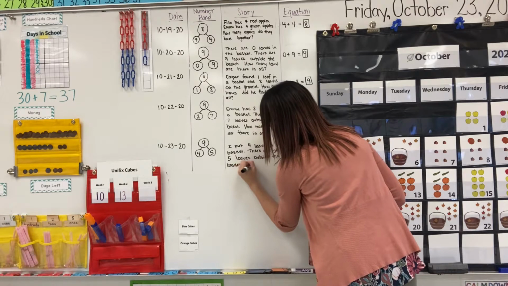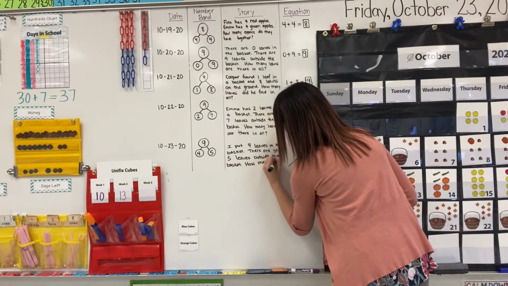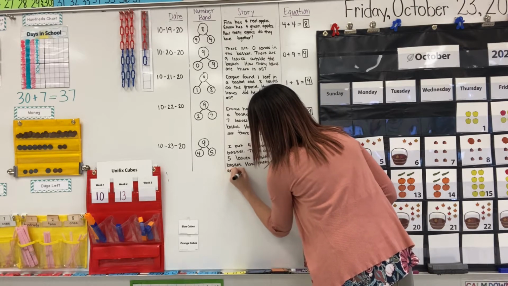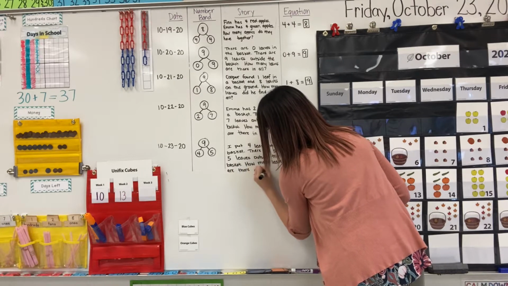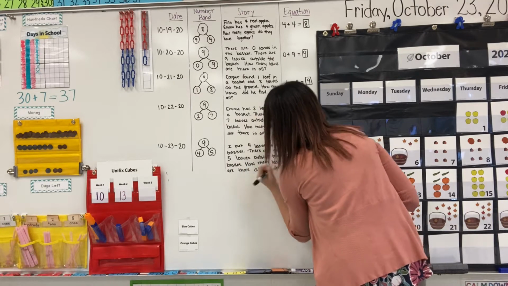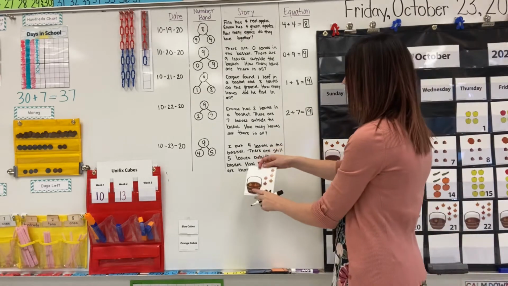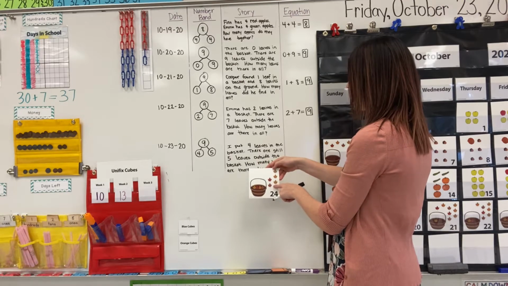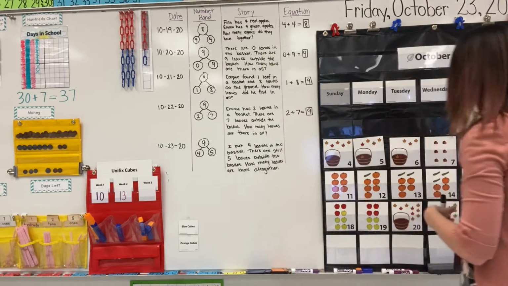How many leaves are there all together? I put 4 leaves in the basket, and there are still 5 leaves outside the basket. How many leaves are there all together?